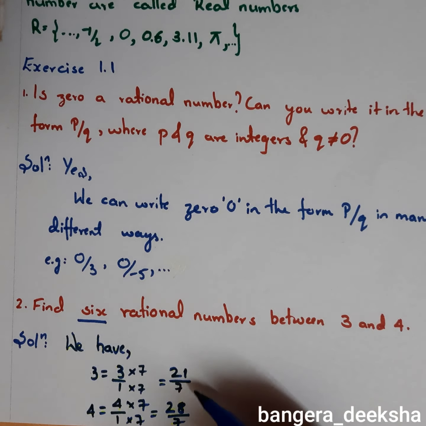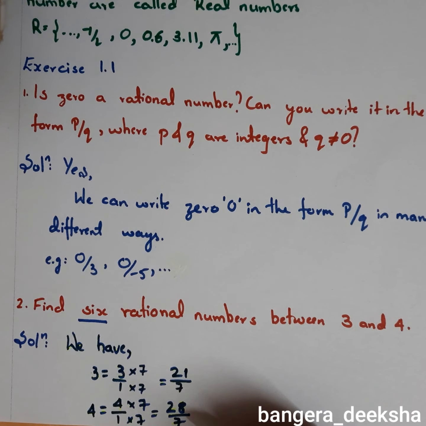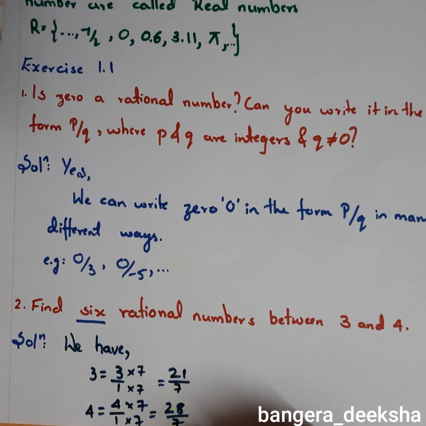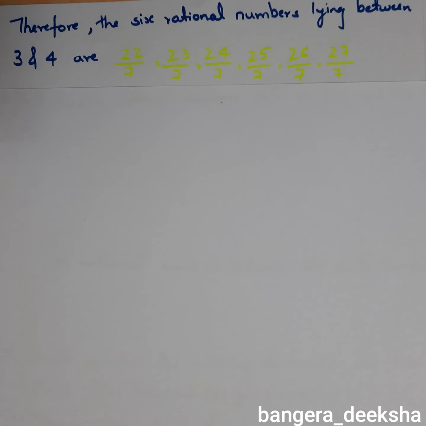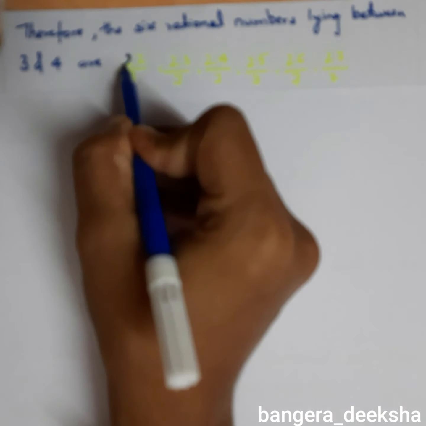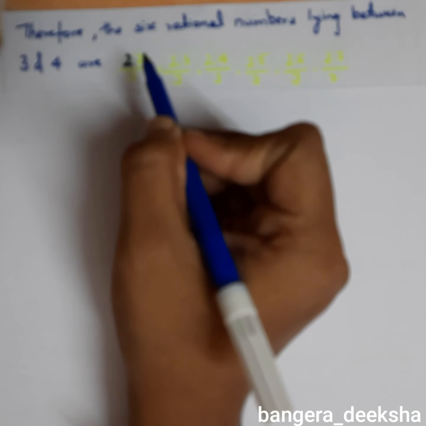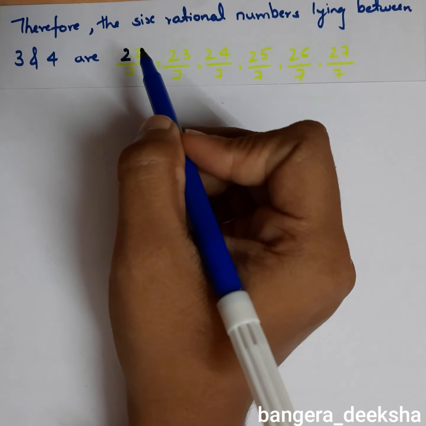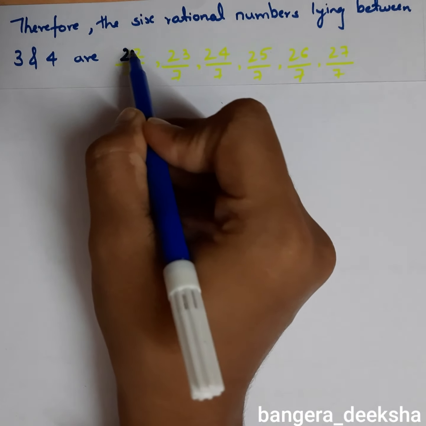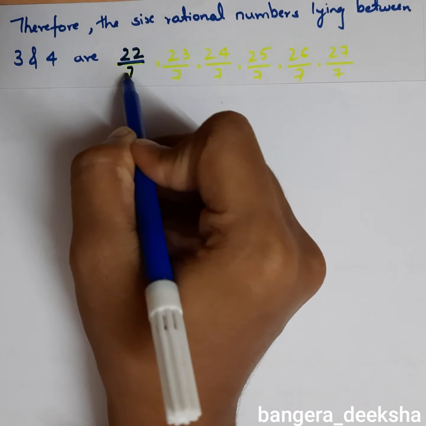Now if you see, you have 21 by 7 and 28 by 7. There are exactly 6 rational numbers between these two numbers. Therefore the 6 rational numbers lying between 3 and 4 are: the first number was 21 by 7, so we can't include 21 by 7. We need to include the next number, that would be 22 by 7.